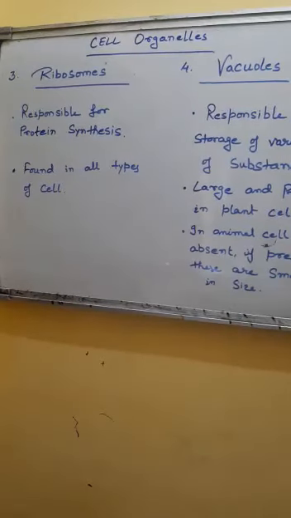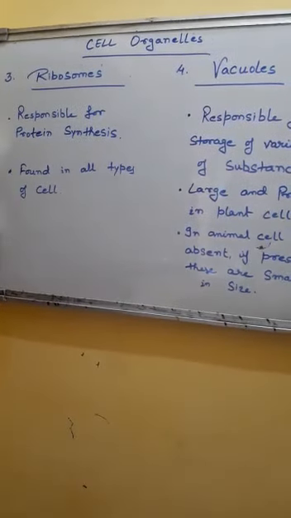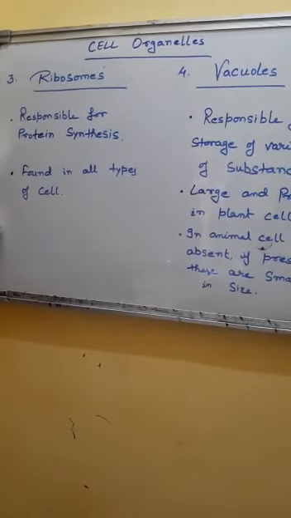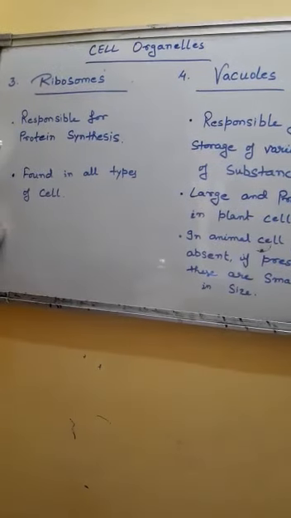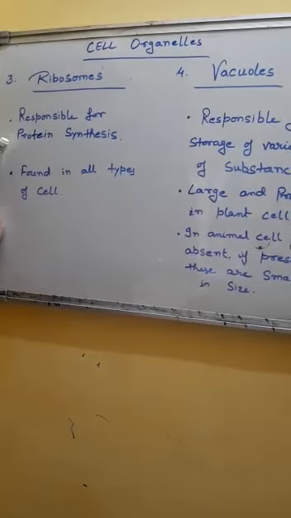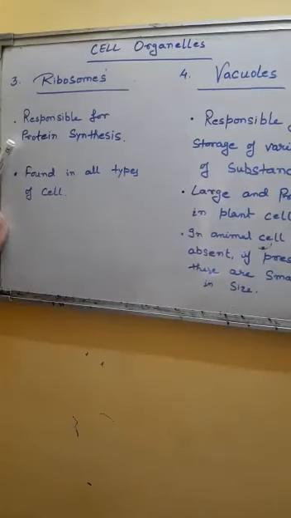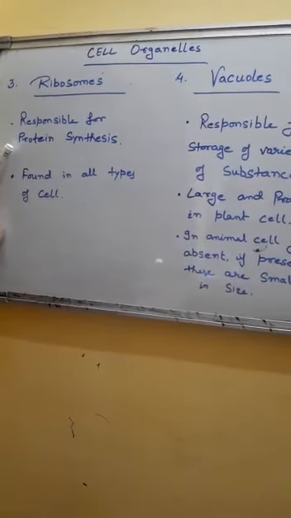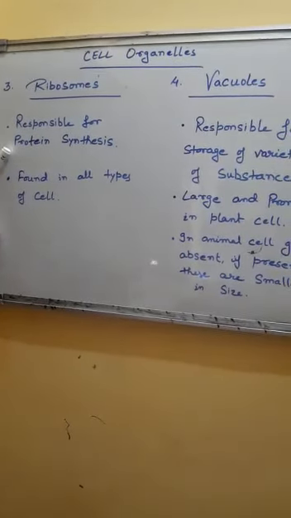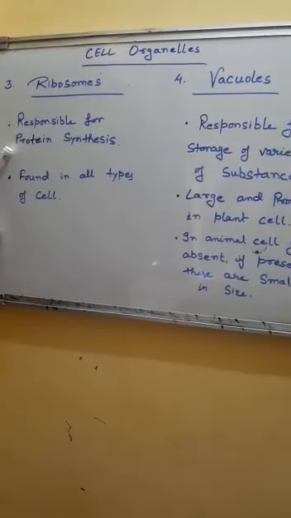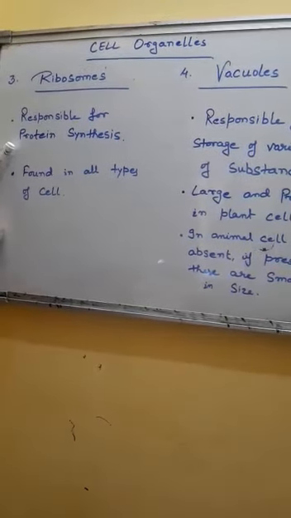That's why ribosomes are also called organelles within an organelle. But in general, they are present on the surface of rough endoplasmic reticulum.